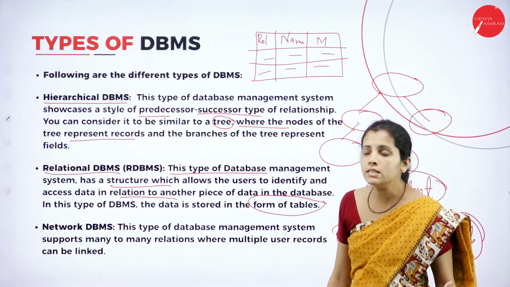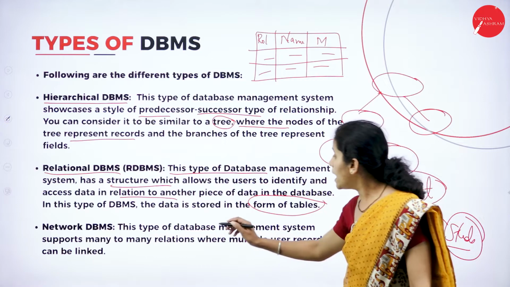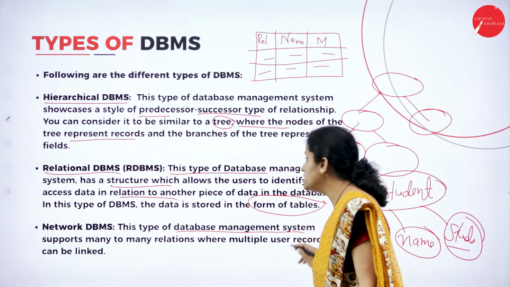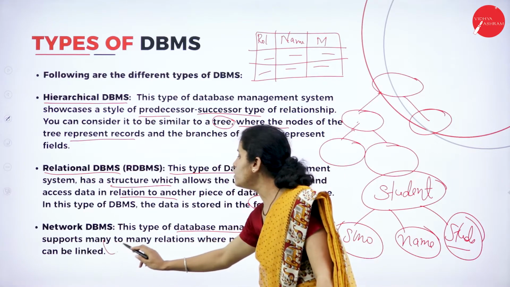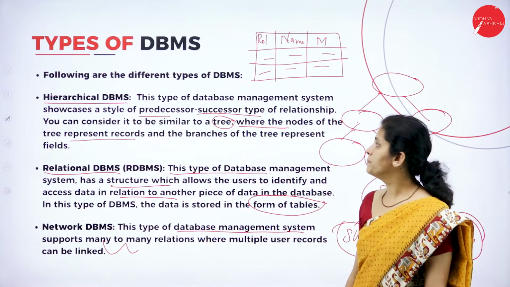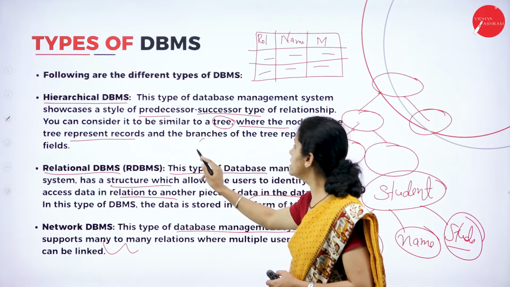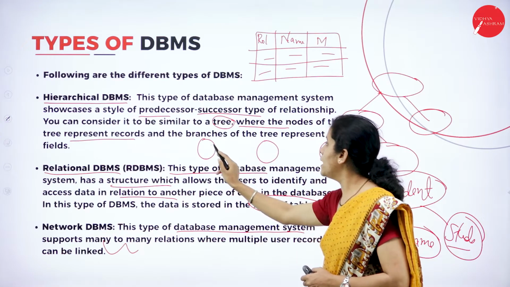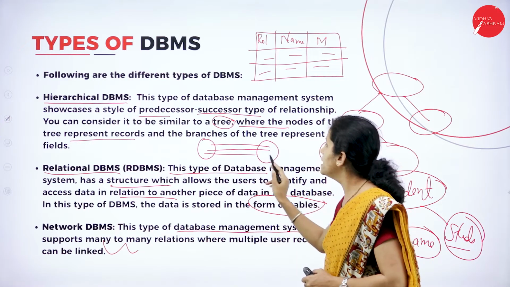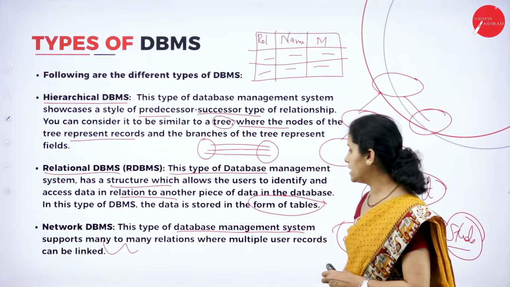Now I'm going to have the network database. So what is this network database? This is also a type of database management system which supports many to many relationships. So what is this many to many relationship? That means, see here, this is one database and this is one database. When there exist many relationships, then it is called a network database.